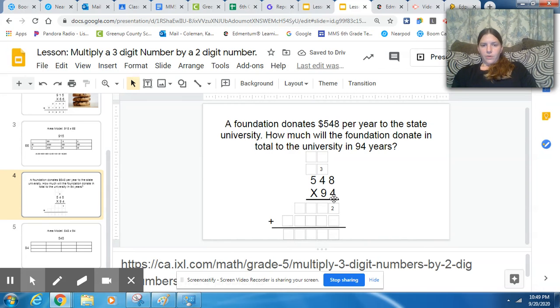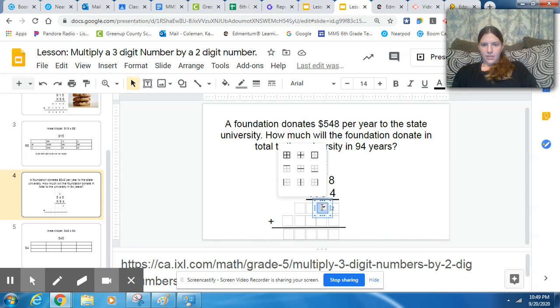Then I'm going to multiply my 4 in the ones place by the next digit over to the left in the tens place. So 4 times 4, which is 16. And I'm going to add the number that I carried over. 16 plus 3 is 19. So I'm going to bring a 9 down.